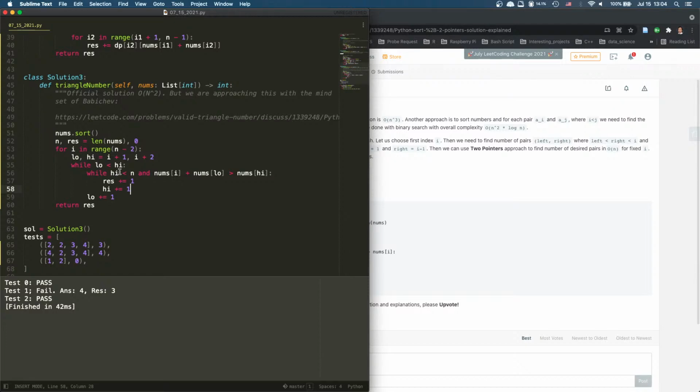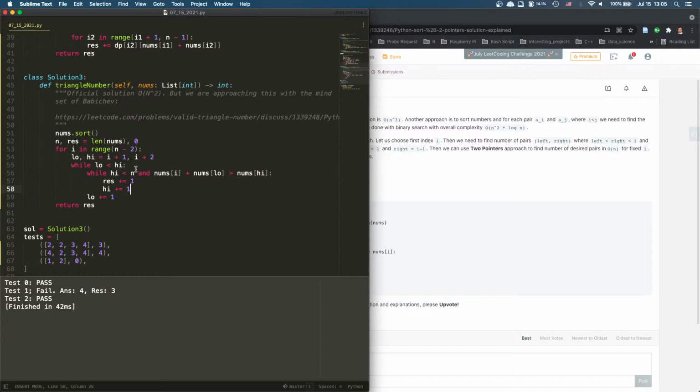Then we do this again, res plus 1 again and high moves on to the next one. Now we exit. And then low plus equal to 1. Come back, high is already exited.